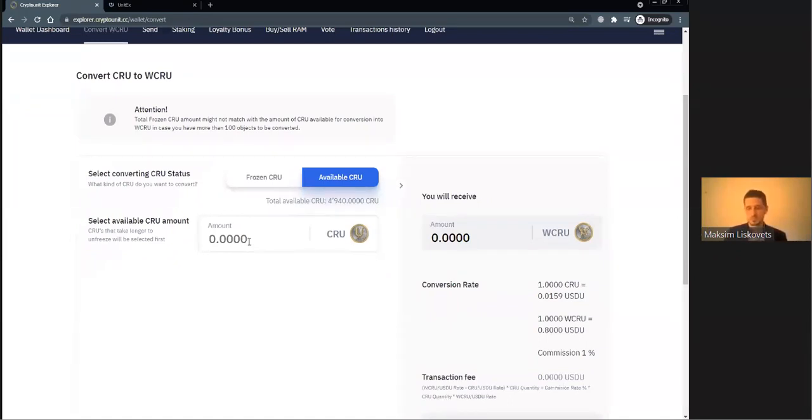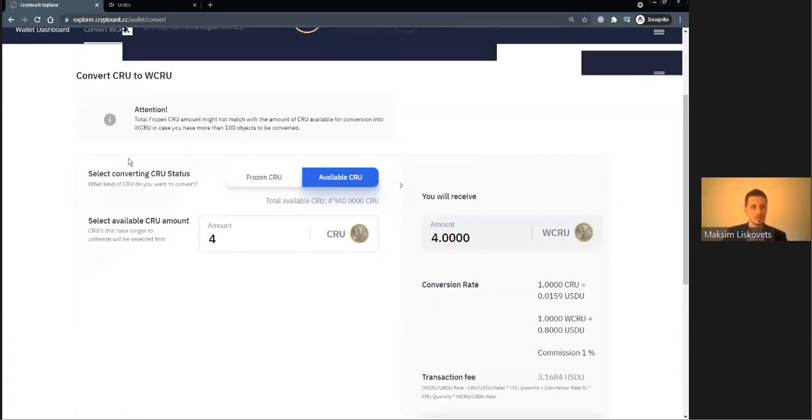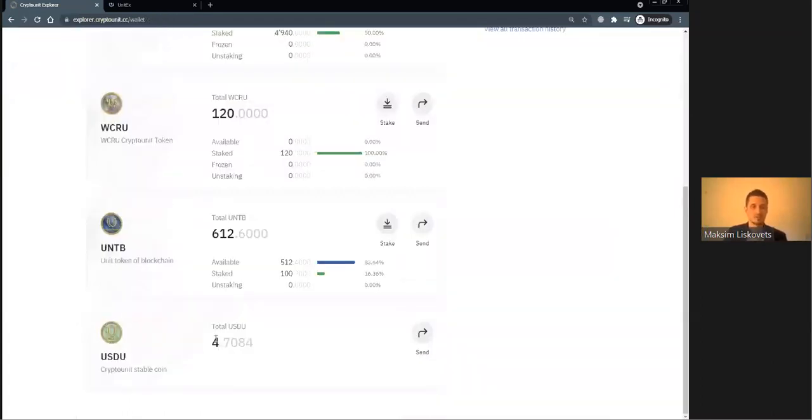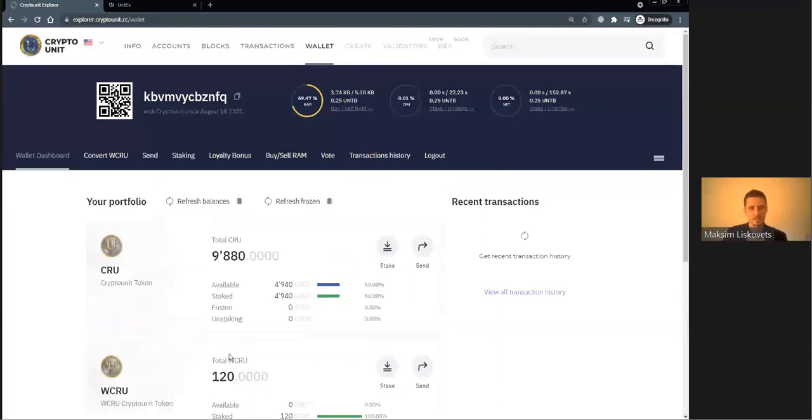For instance, I will indicate a small amount. Why? I will explain why. Look, at present in my wallet, I went back to my main page. I have only 4 USDUs.